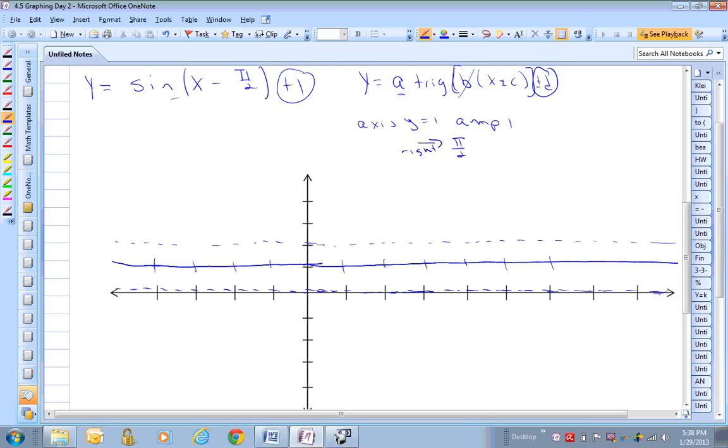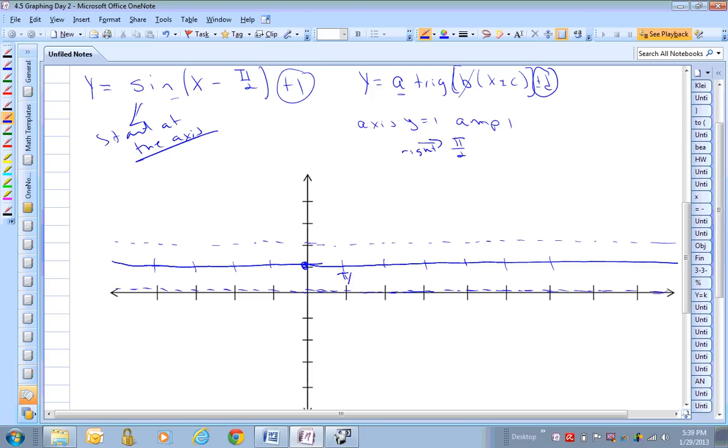All right. Sine graphs start at the axis. So normally we would start right here at the axis, but this graph has moved to the right pi over 2. So let's go ahead and label our graph.